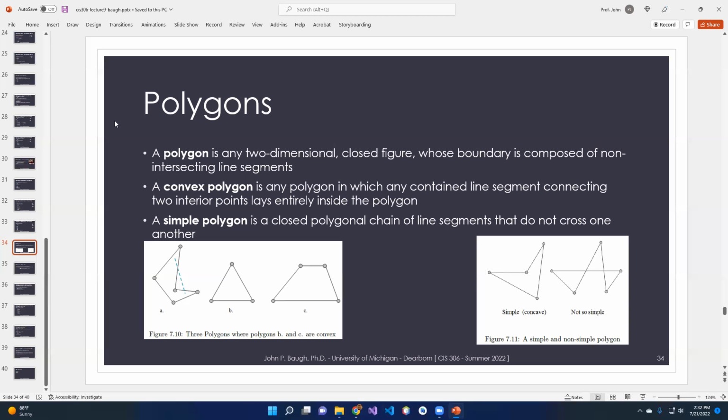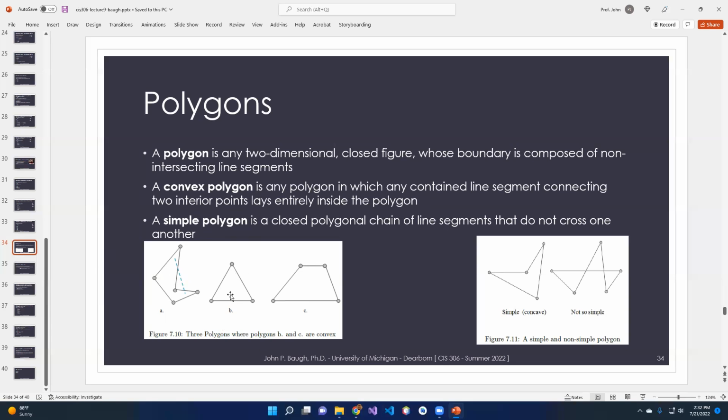A convex polygon is any polygon in which any contained line segment connecting 2 interior points lays entirely inside the polygon. So for example, in this example on the side here, this is from the Ellenbogen and Baugh book, B and C are convex polygons, but A is not. A is concave.